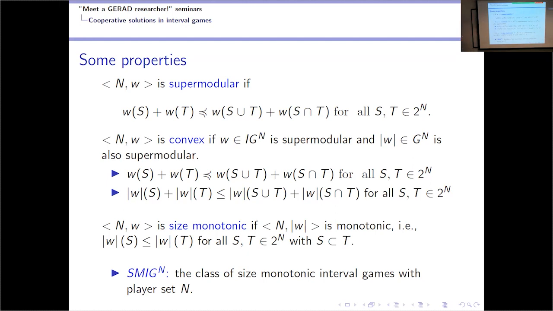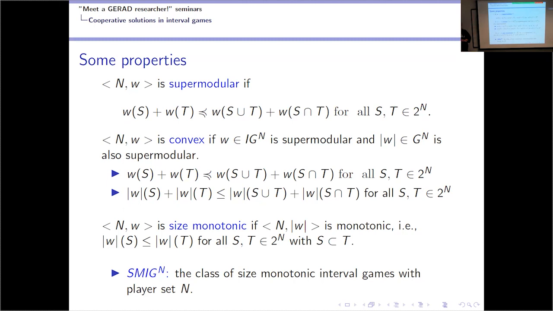And the game we are working on also is supermodular, but it is not convex. So why is it not convex? Because of the second condition. Normally, in the classical case, for convexity, you need only one condition.